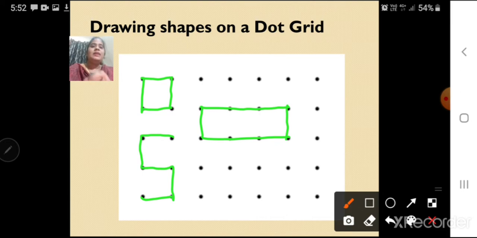So many shapes or many things can be drawn with the help of the dot grid. Now with the help of a dot grid we can also make a curved shape. For example, if I am making a curved shape, correct? So a dot grid can be used for drawing many shapes.